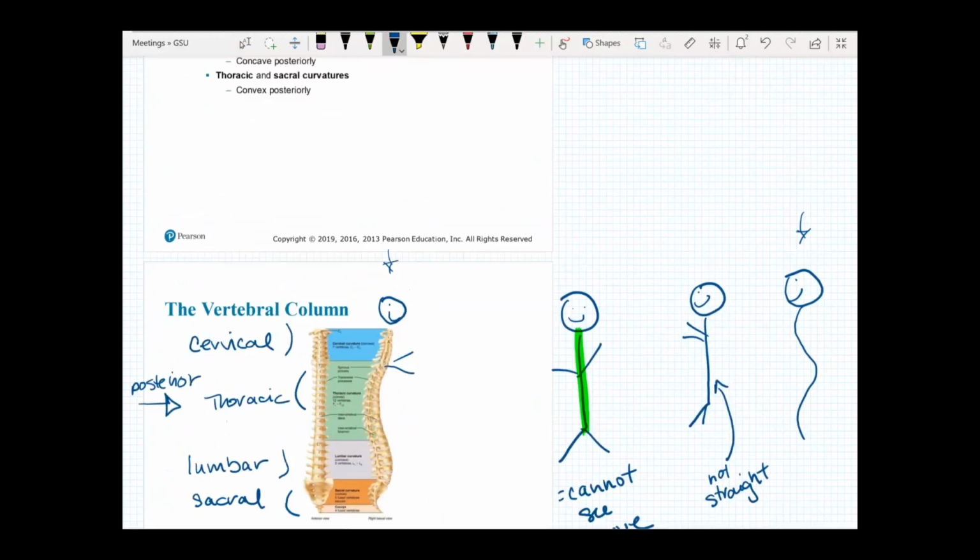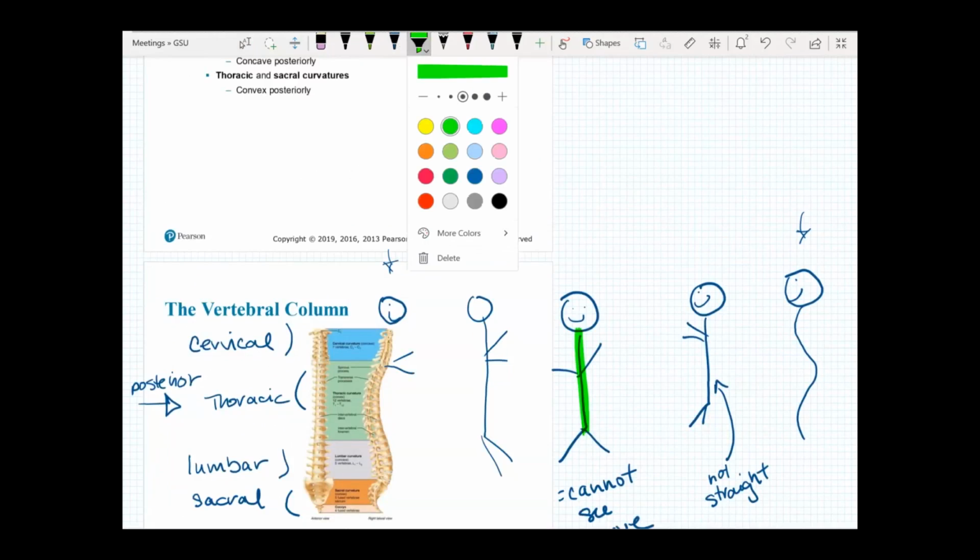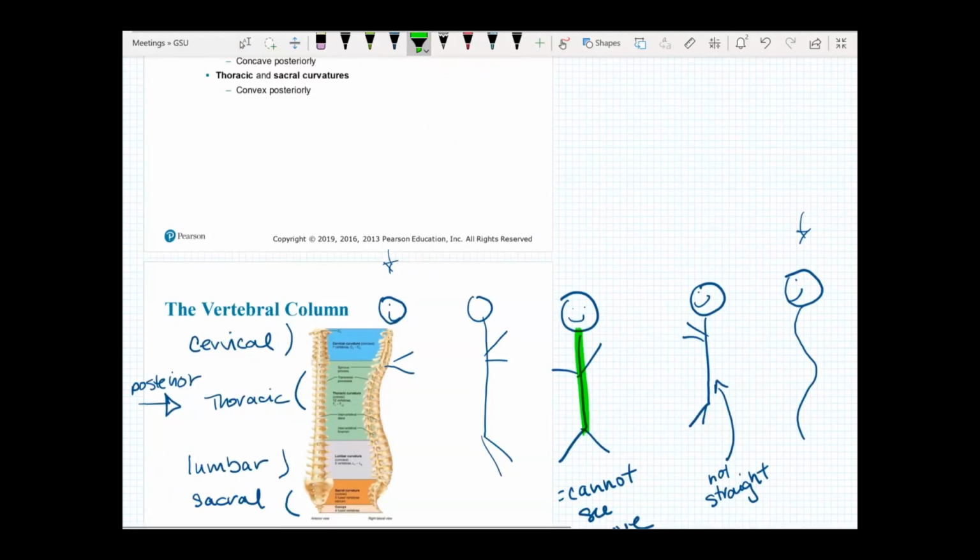So when you put these together, and our lovely little guy is looking this direction, his backbone is going to be technically a curvature shape that looks like cervical going this way, thoracic this way, lumbar this way, sacral this way. So that is what you will actually see.